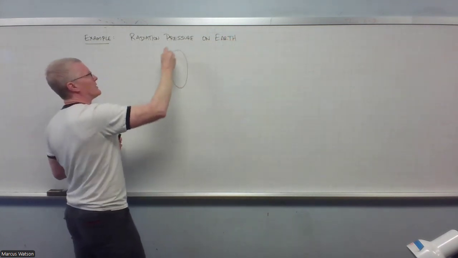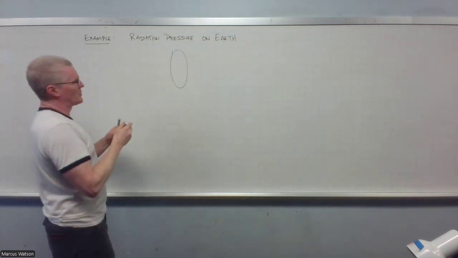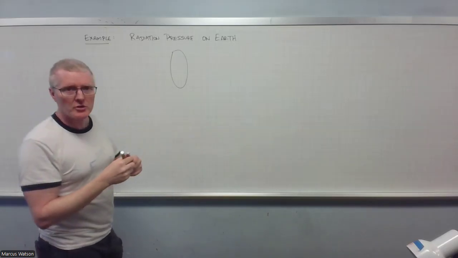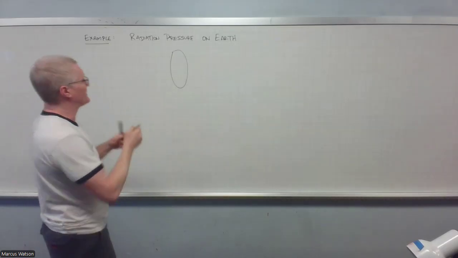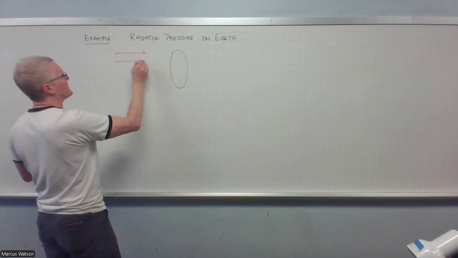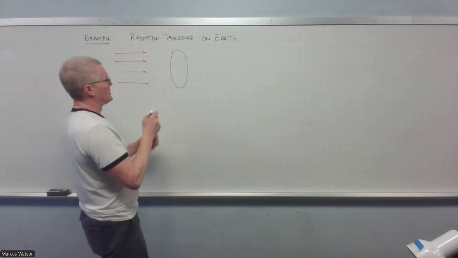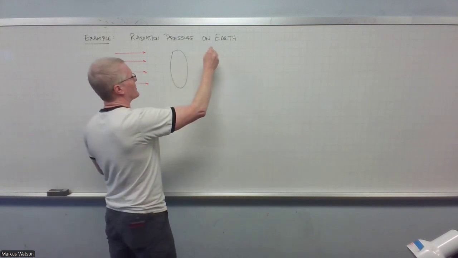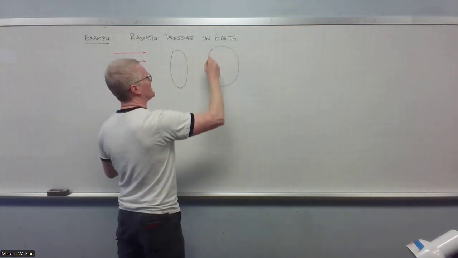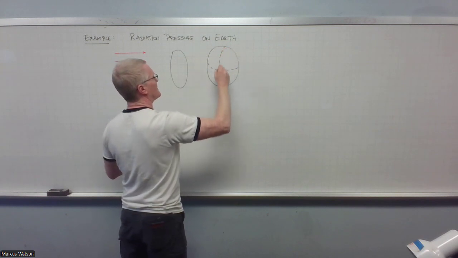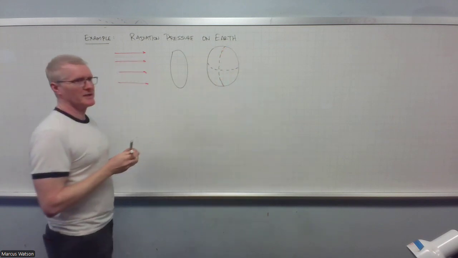Now, here we are, and basically we offer a circular cross-section to the sunlight. Okay, so sunlight's incoming like this. So Earth, right, which is really spherical.